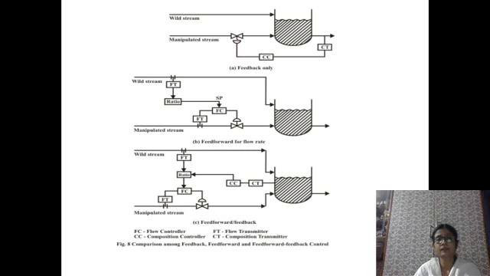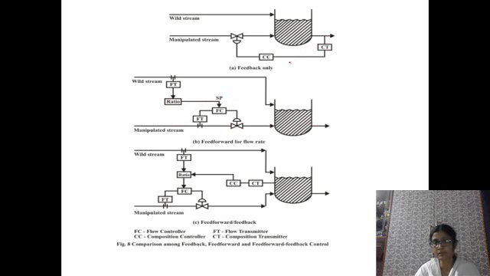Then the manipulated stream or the controlled fluid flow is adjusted. But this is the feed forward scheme where the wild stream as well as the manipulated stream is there, and the control arrangement is set at the input level, not at the output level.